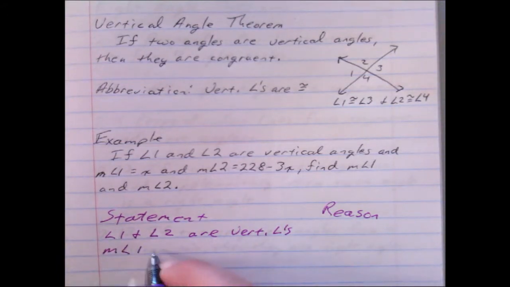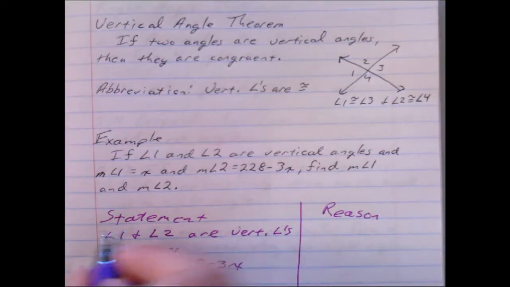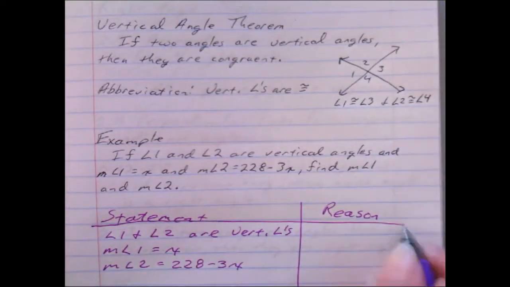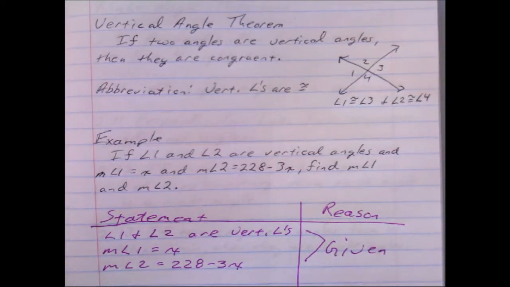Measure of angle 1 equals x. Measure of angle 2 equals 228 minus 3x. These were all given. Okay?